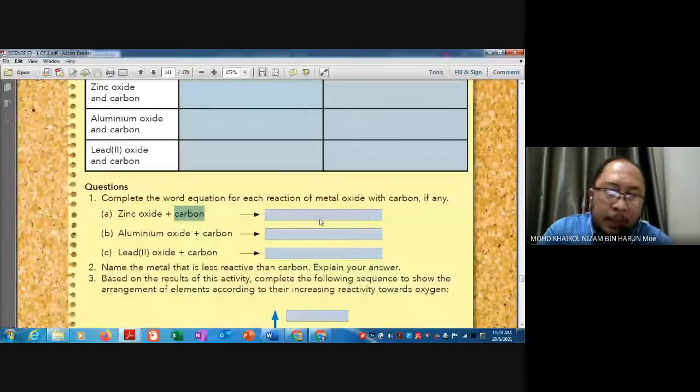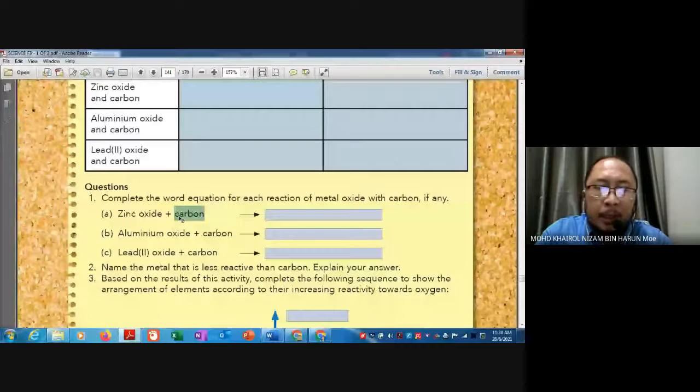Same thing, all chemical reactions can be represented by writing what we call a chemical equation.